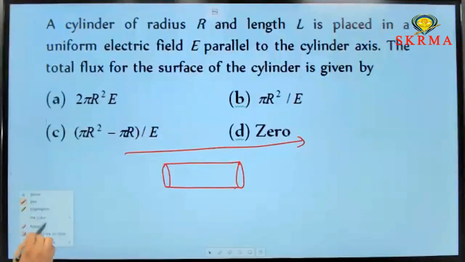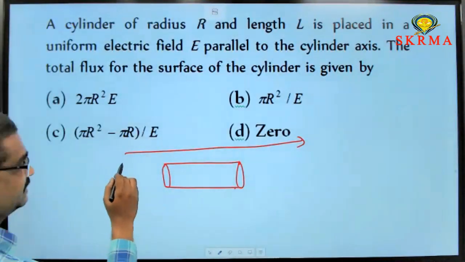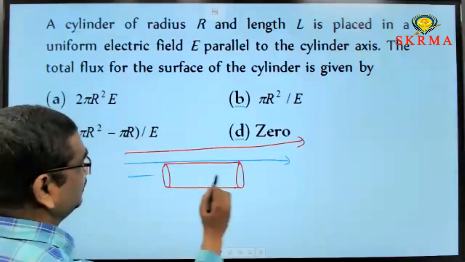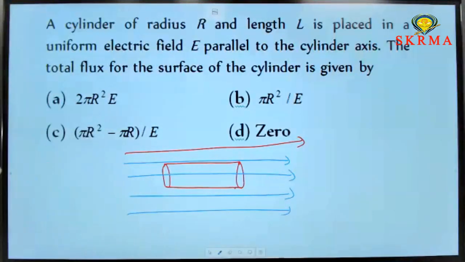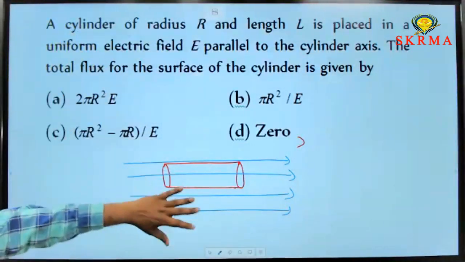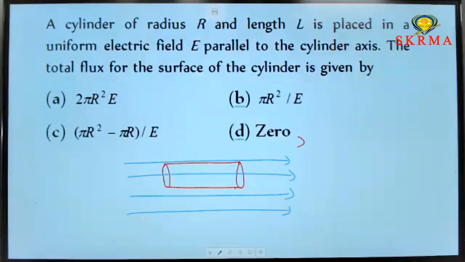So electric field lines are directed like this. These are the electric field lines. Now, what is the flux passing through the surface? It is asking for the total flux passing through the cylinder. Now, what is the value?